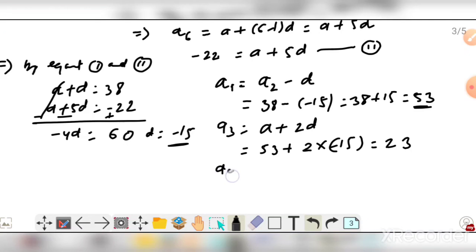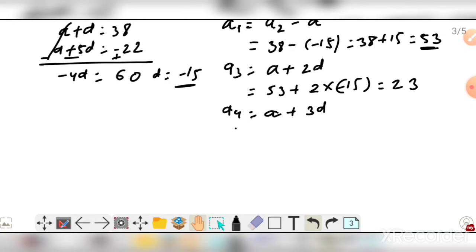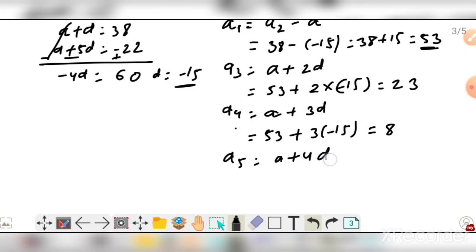Okay, A4 equal to A plus 3D, 4 minus 1 into D, this will be 53 plus 3 into minus 15, this will be 8, and A5 will be A plus 4D, so 53 plus 4 into minus 15, so this will be minus 7.